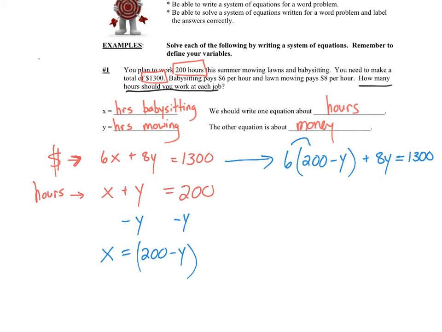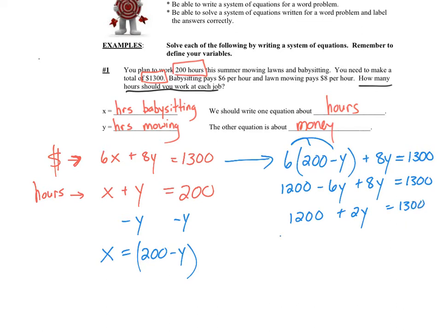So 6 times 200 is 1,200. 6 times y is 6y. Then we solve, so we have 1,200 plus 2y equals 1,300.